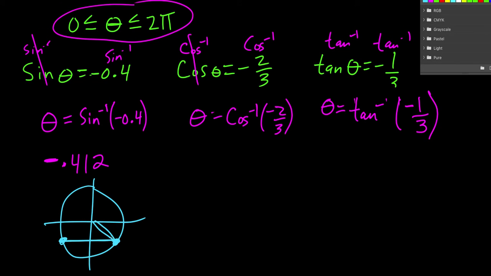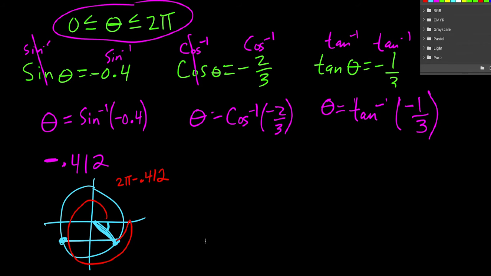Now what it's telling us is the rotation from here to here. And what we really want to do is think of it as the rotation from here to here, and then backtrack to here. So we're going to do 2 pi minus 0.412.